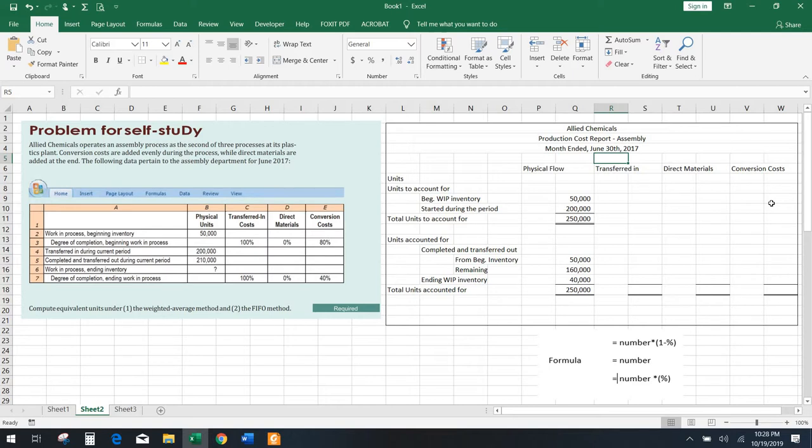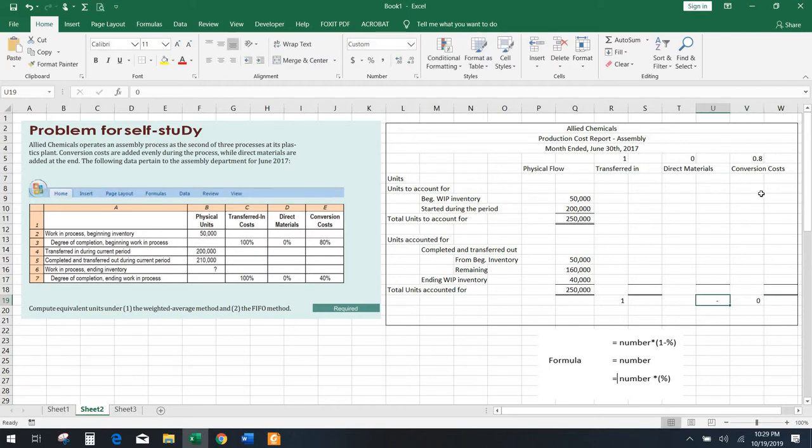So the first percentage is degree of completion, beginning work in process for transferred in. It's 100%. I'm just going to use decimals, so that's 1. 0% for direct materials, that's 0. Conversion cost, 80%, so that's 0.8. Okay, and I'll do the same thing for these numbers down here at the bottom. 100%, that's 1. 0%, and then 40%, 0.4.